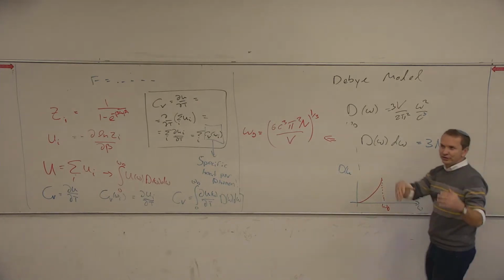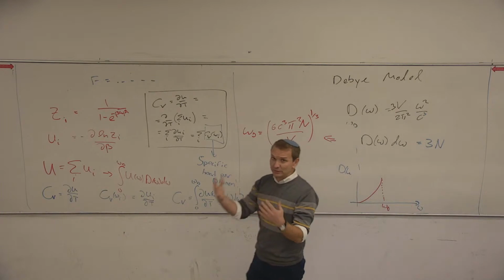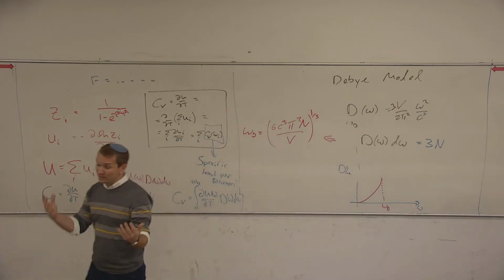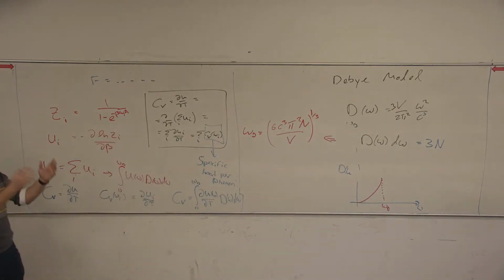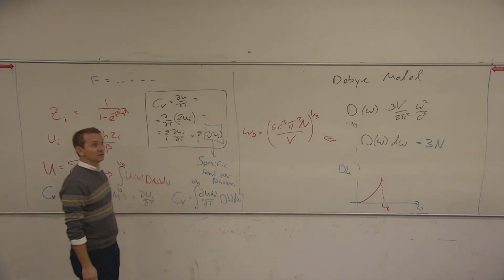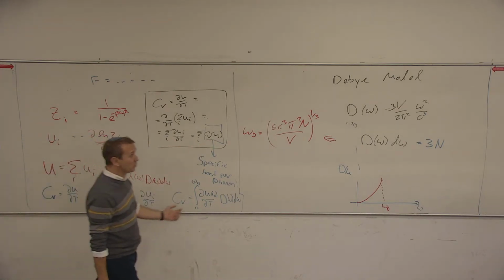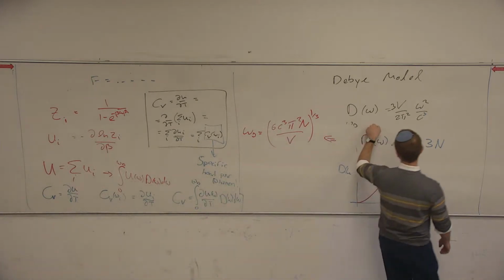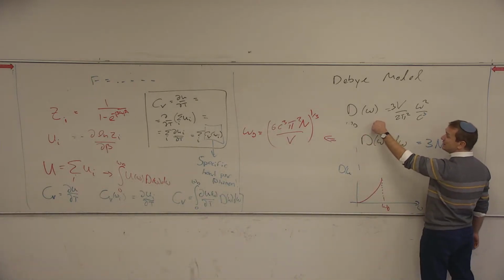The moment that I know that I have a representation in terms of non-interacting particles, I can call them phonons or whatever. Everything else afterwards is just summation of calculation for a single particle. That's it. This is why I need to know this density of states, because I need to know how many phonons there are per each frequency.